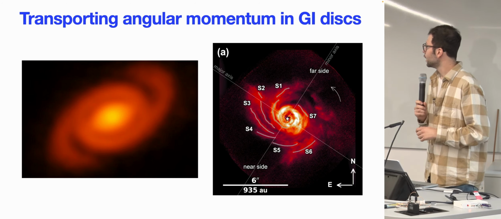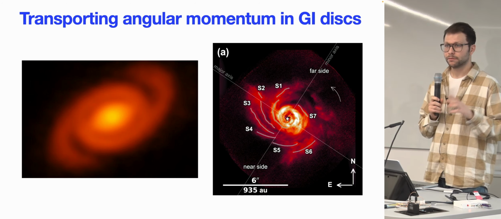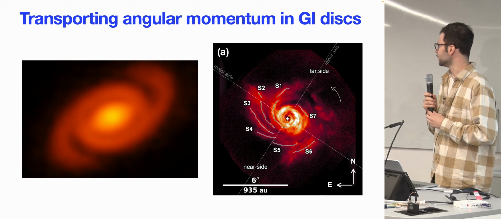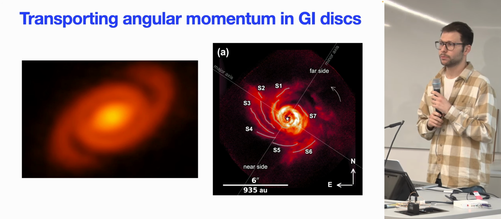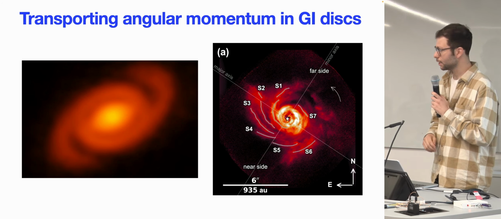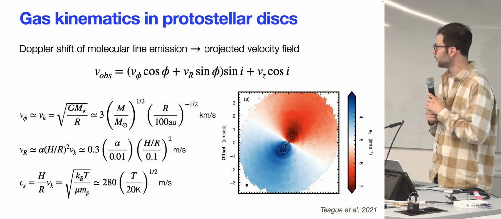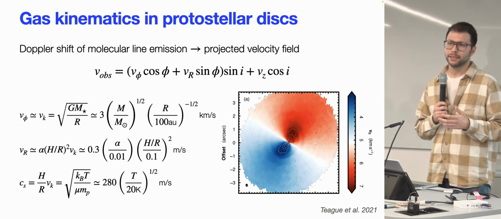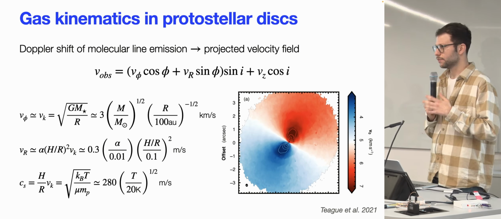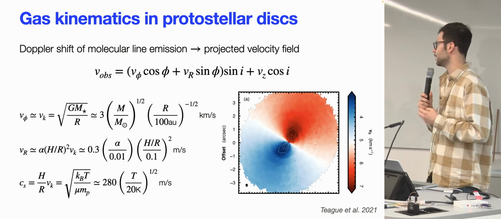So now I would like to discuss the first big topic of this seminar, that is the transport of angular momentum in gravitationally unstable disks, and how this is connected to the protoplanetary disk kinematics. A hot topic in protostellar disks during the last few years is the disk kinematics.